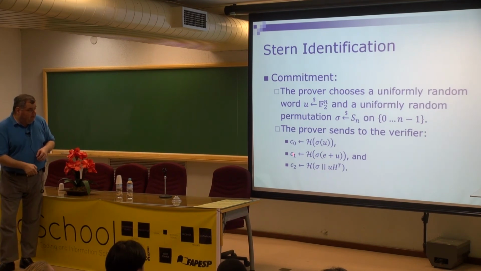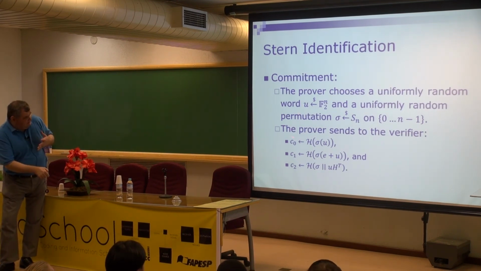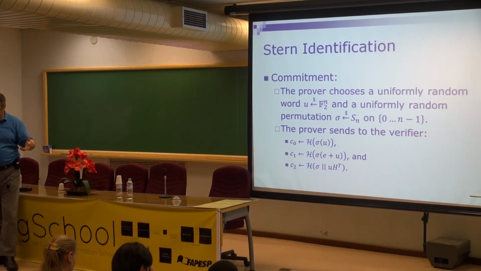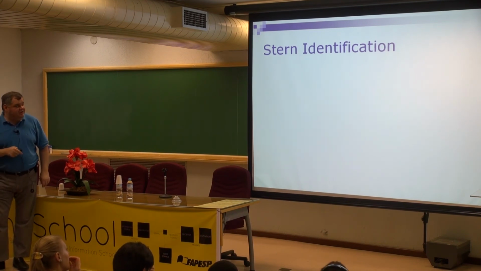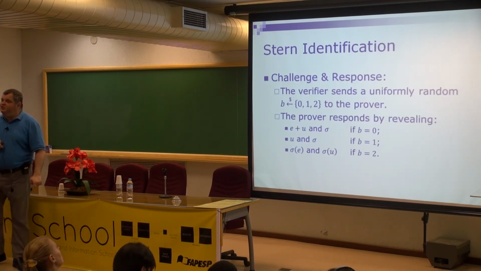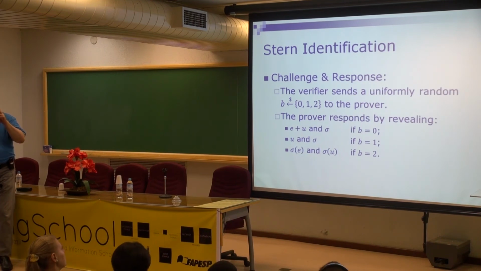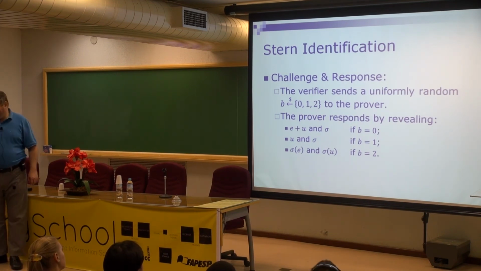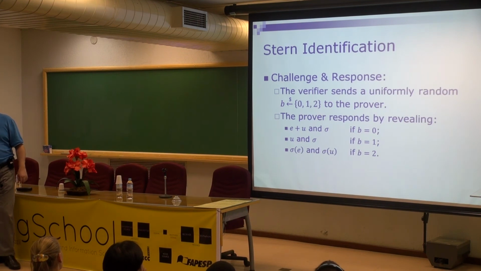So C sub 0, C sub 1, C sub 2 are the three parts of the commitment we send to the challenger. Then the challenger will choose a trit, not a bit, a trit. It's a value in the set 0, 1, or 2, which means reveal something else about the commitment number B, C sub 0, C sub 1, C sub 2.